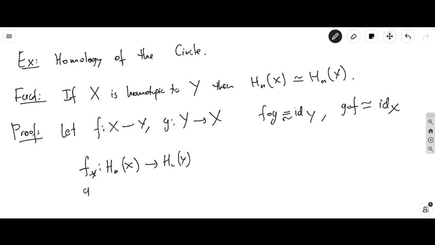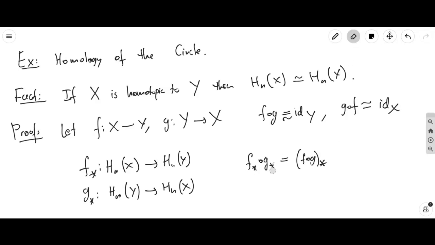And when you do it the other way around, you get G star is a map from the homology of Y into the homology of X. And we know that if we compose them together, F star composed with G star is the same thing as the star of F composed with G. Why? Because homology is a functor.